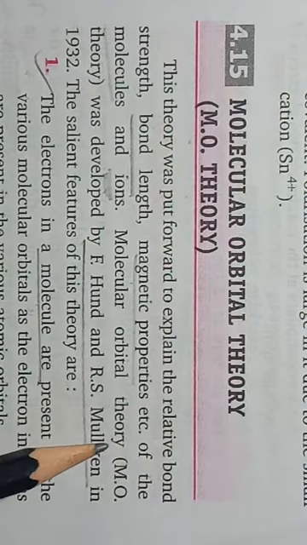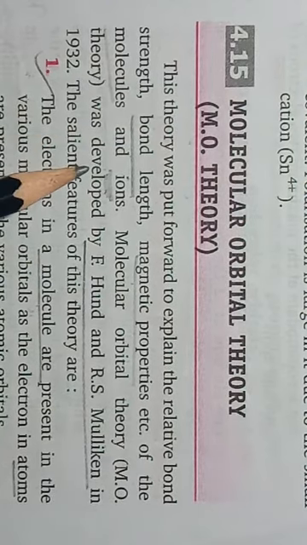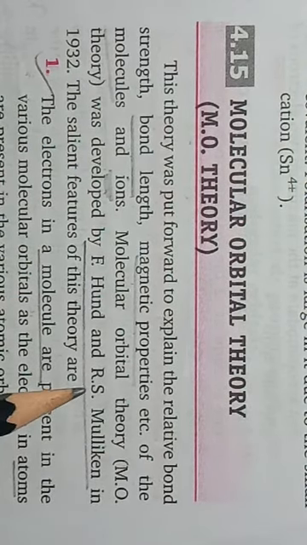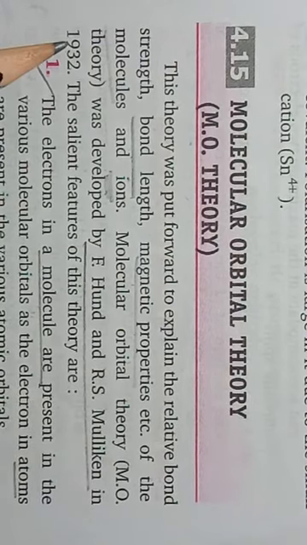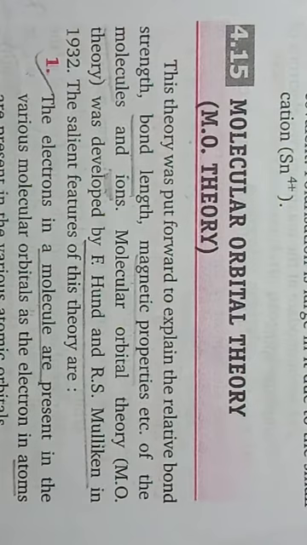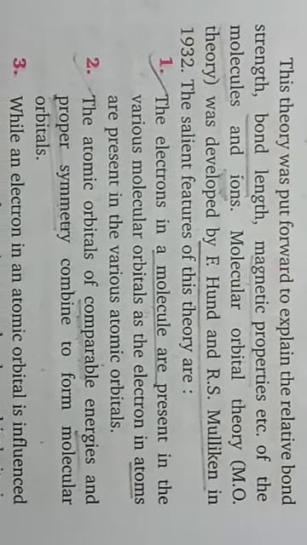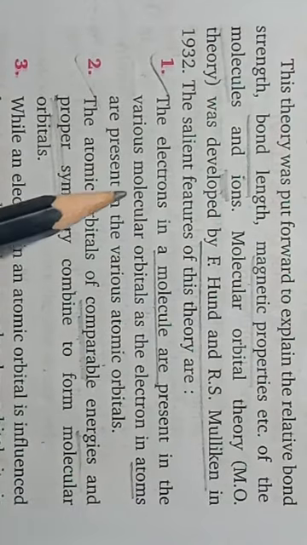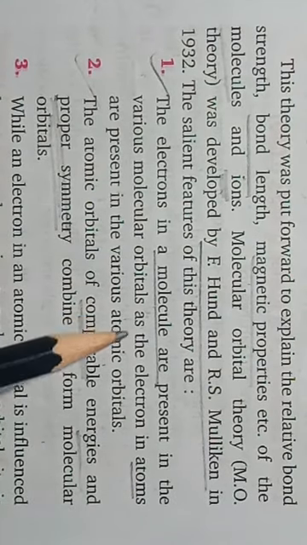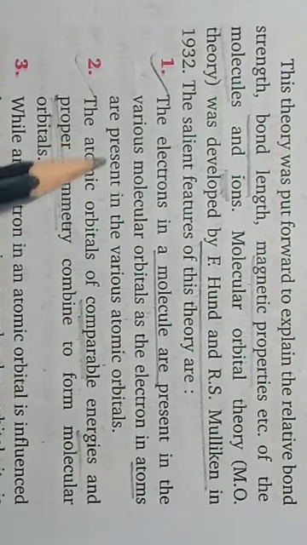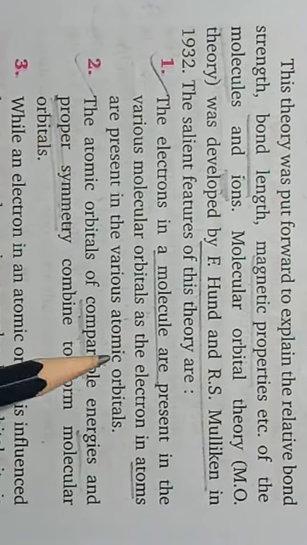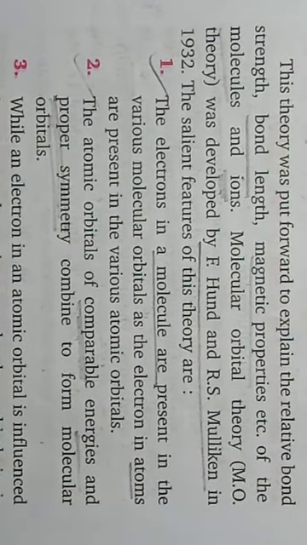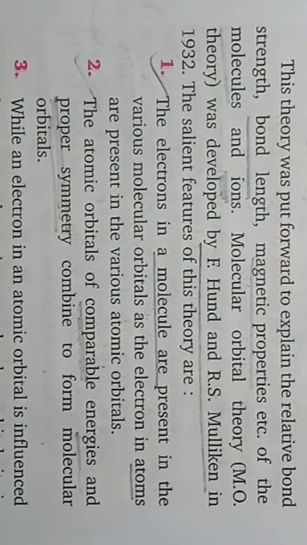Molecular orbital theory was developed by E. Hund and R. S. Mulliken in 1932. The salient features of this theory are: the first point is the electrons in a molecule are present in various molecular orbitals as the electrons in atoms are present in various atomic orbitals. So this is the first point of this theory.